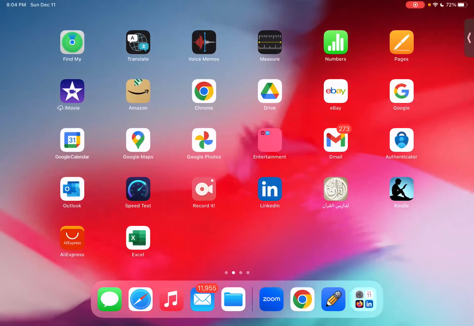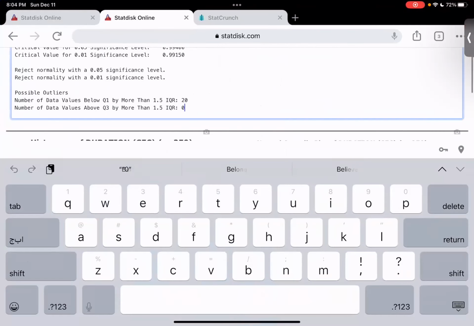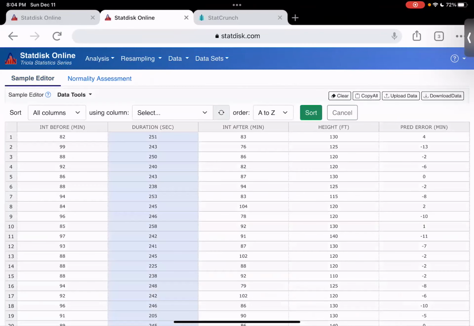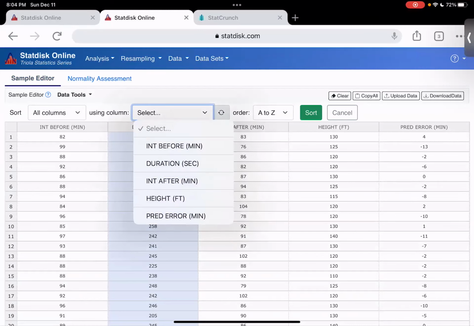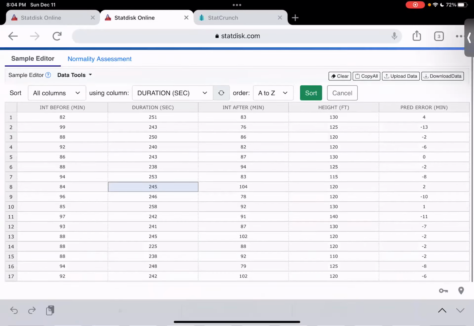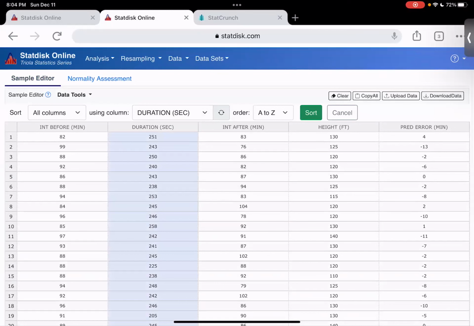So let's go back here to our data set, to the data, sort data, and then we come to this one. Let me sort this one. Okay, so now for this variable, try to find the number of data values less than 195.5.